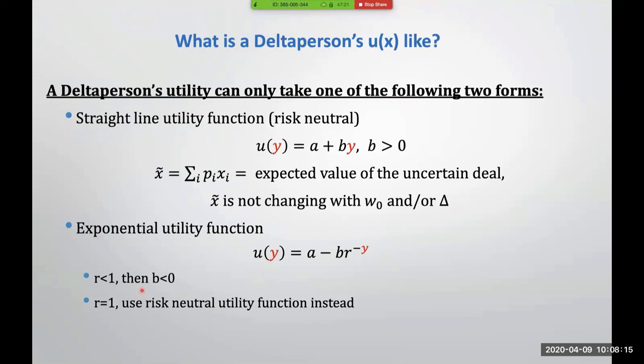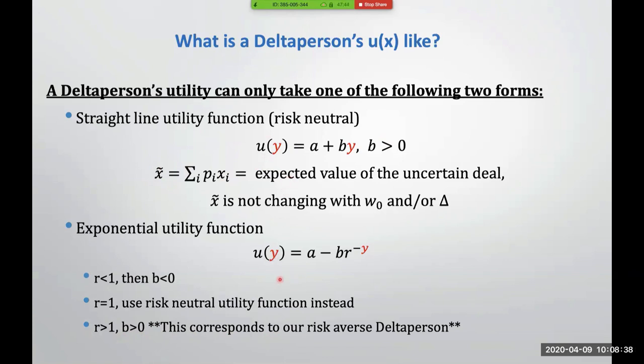And then when R is less than 1, B less than 0, this case corresponds to the risk-averse Delta person. Notice here, from solving x delta using the straight line utility function, we get to the conclusion that a straight line utility function represents a risk-neutral person.